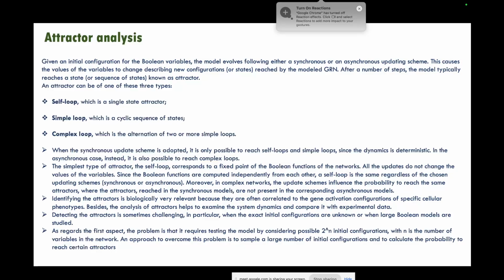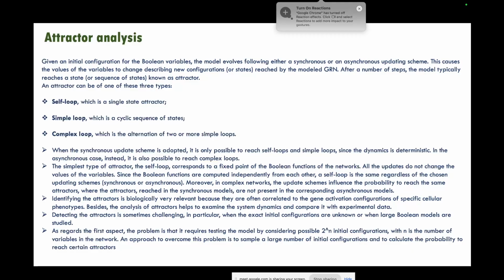Attractors are biologically very relevant because they are often correlated to the gene activation configurations of specific cellular phenotypes. Besides, analysis of attractors helps us to understand the system dynamics and compare it with experimental data.